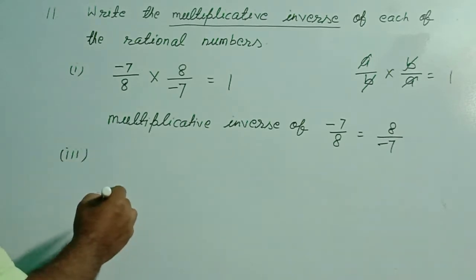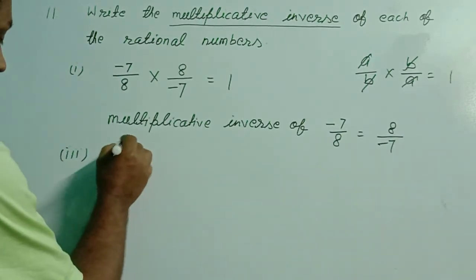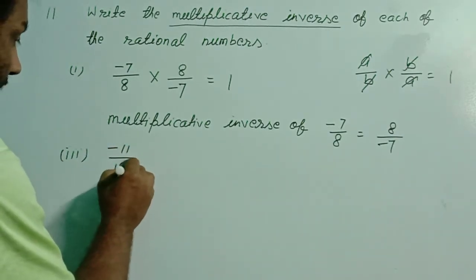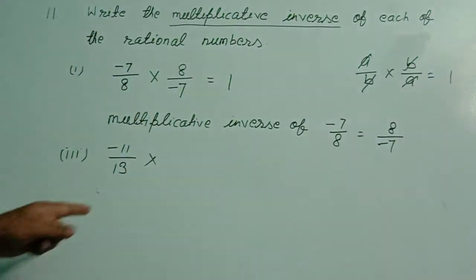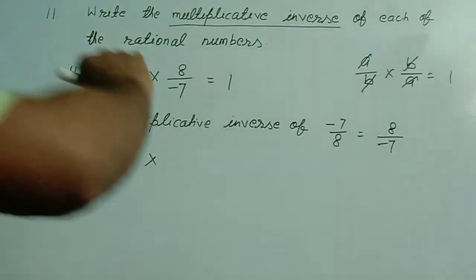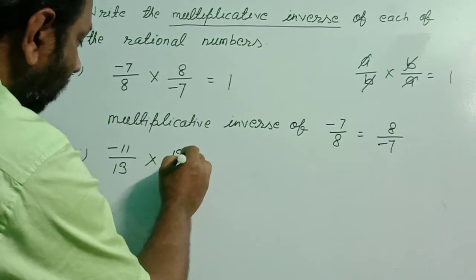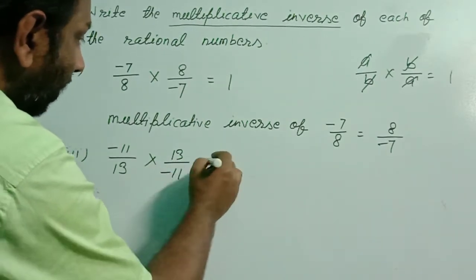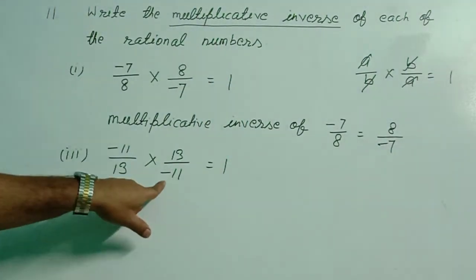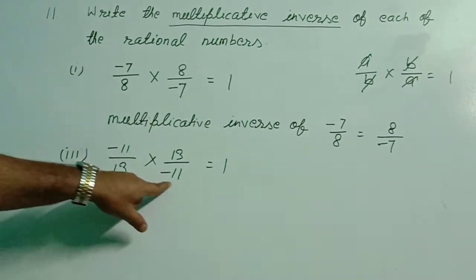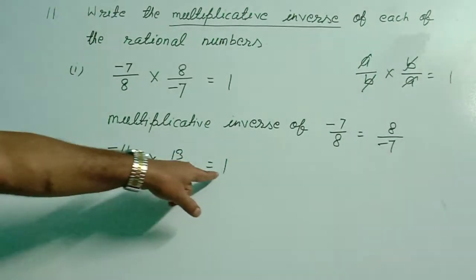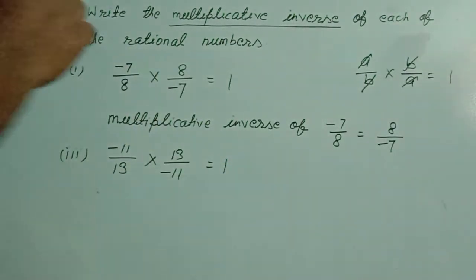The rational number is minus 11 by 13. By which fraction will you multiply to get 1? You will multiply it by 13 by minus 11, then you will get 1. Why? Because minus minus cancelled, 1 1 cancelled, 13 13 cancelled, result is 1.